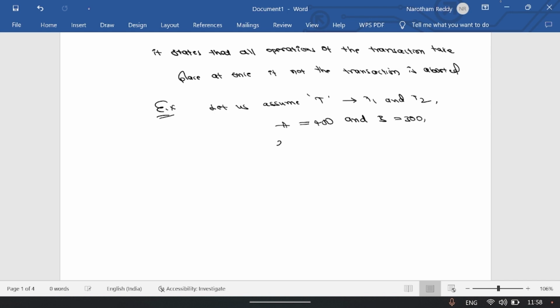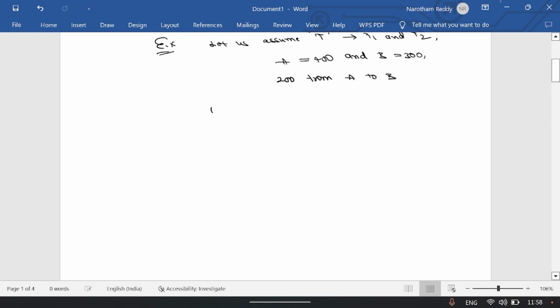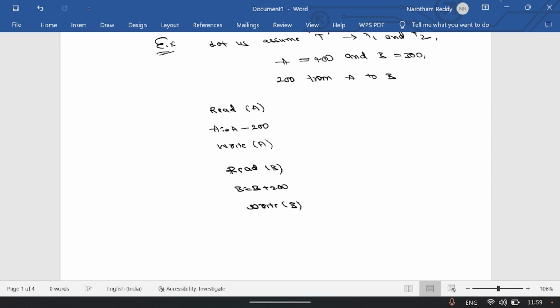Now we need to transfer 200 from A to B. Read A, then transfer 200 from A to B and write A. Then read B, add 200, and write B. Firstly, A holds 400, 200 is deducted, so now it holds 200, while B holds 300 plus 200, a total of 500.